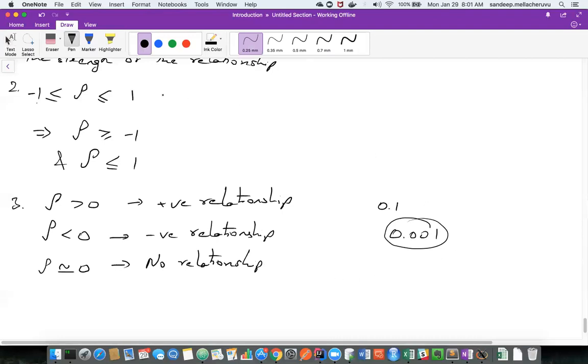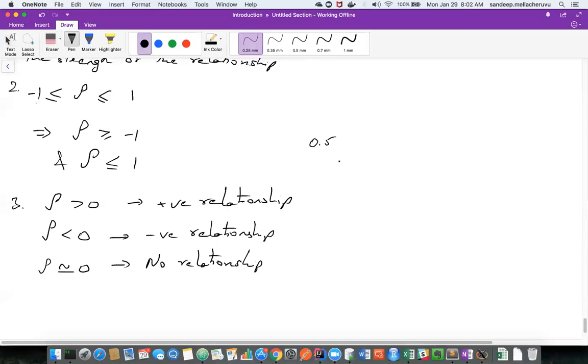Okay, but like I said, always look at the scatter plot as well as this value. Then take a decision based on both of them together. If I had a number of 0.5 or 0.7, then it is definitely a positive relationship.